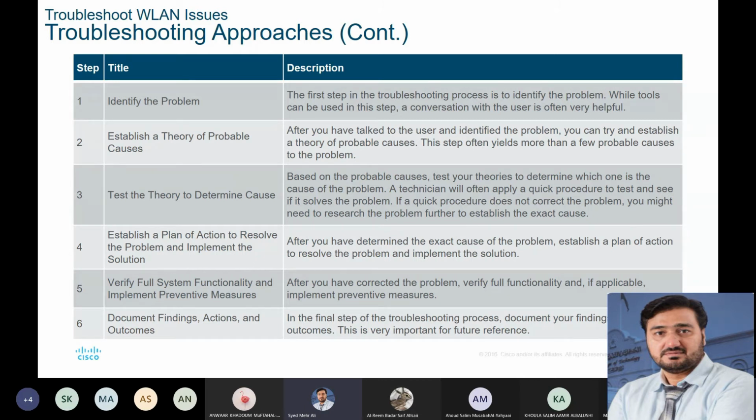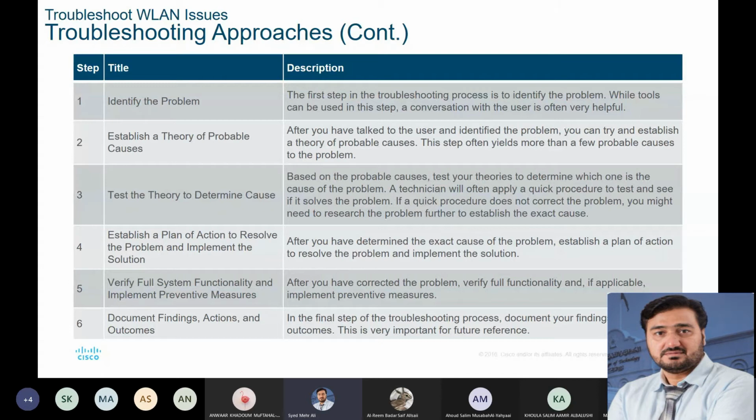Okay. The third step is to test the theory to determine the cause. Based on your estimation, based on your probable causes, test your theory to determine which one is the cause of the problem.